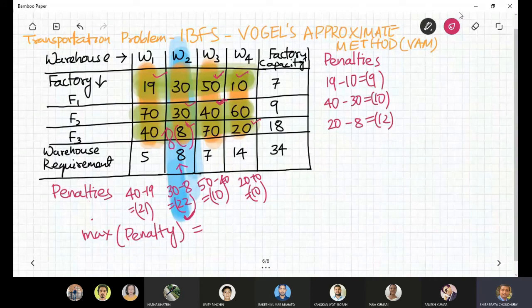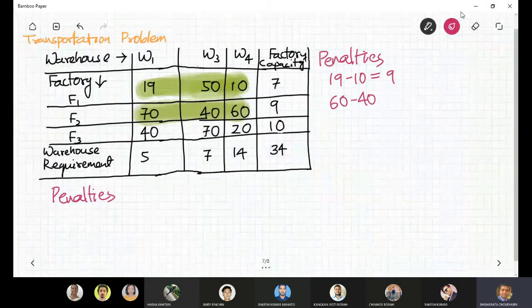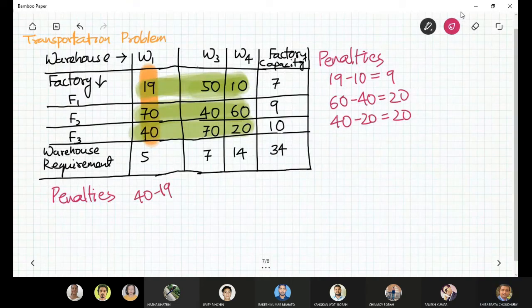Okay, this becomes 8. How much will this value be? 0. This one would be 10. Okay. 19 minus 10 equal to 9. This would be 21.